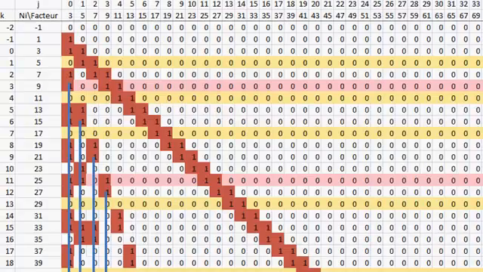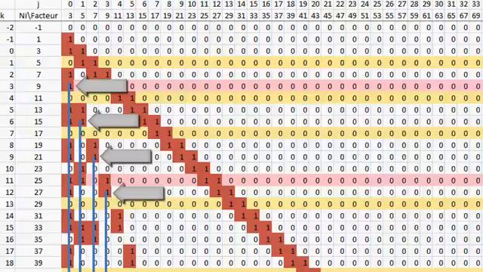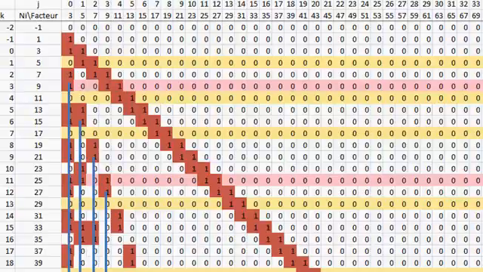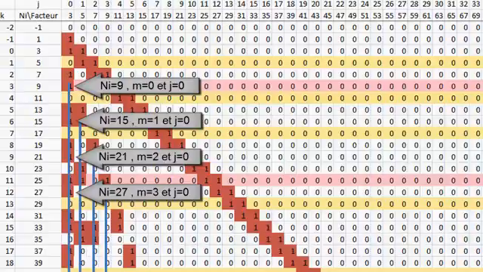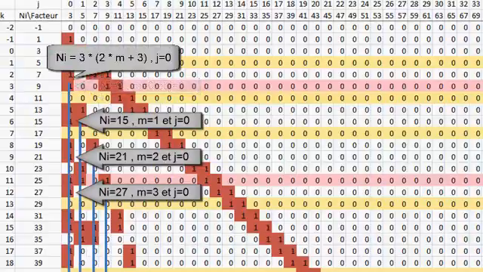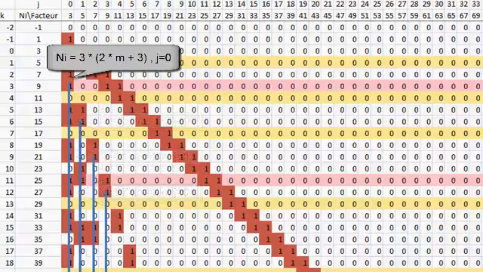For each value of j appears an infinity of linear functions defining odd numbers depending on a parameter m. This parameter m brings up the multiple values of the associated factor j. Each of these linear functions begins with the value of the second factor, such as ni equals 3 times 2 times m plus 3 for j equal to 0.